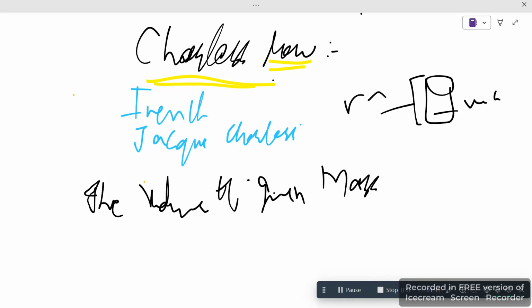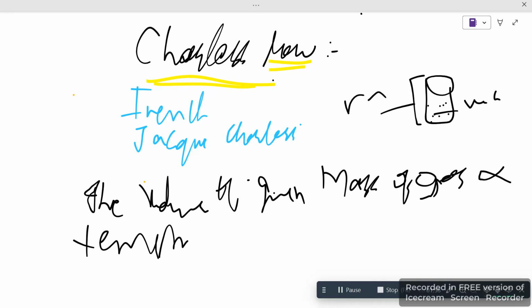So the volume of given mass of what? Of gas, and we just filled this with a gas.